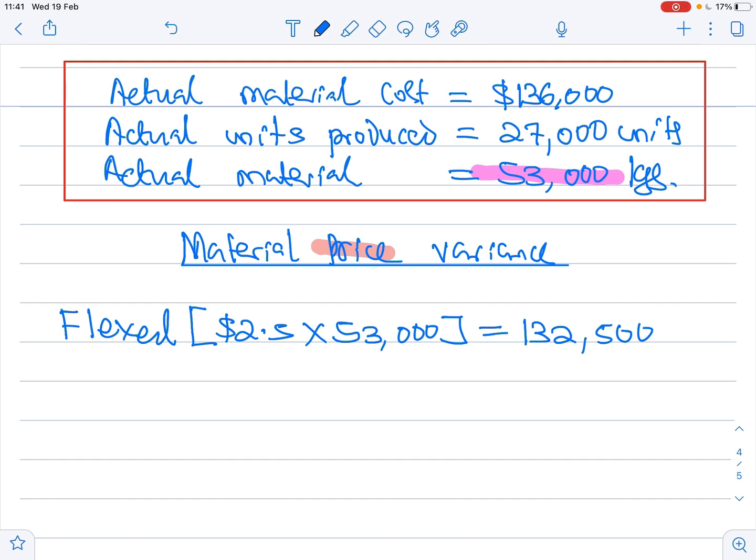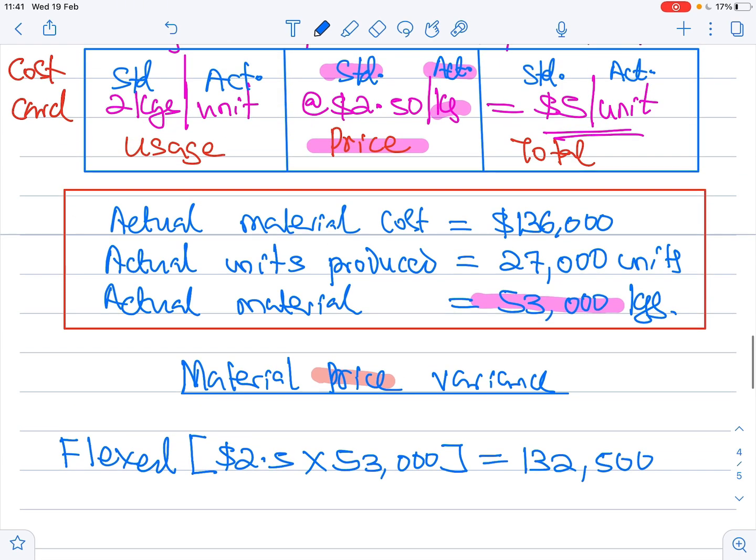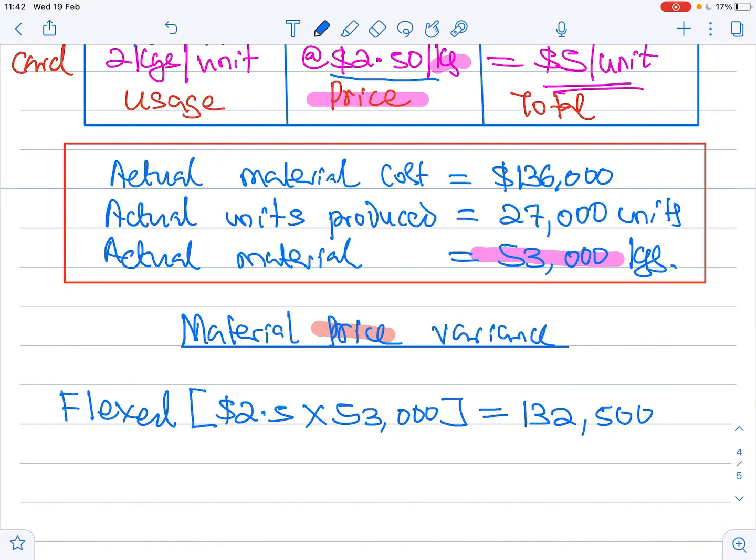So what's the implication of this? What this is telling us is that those 53,000 kgs that we purchased, if we were to buy them based on the standard set by the management, because the management says buy 1 kg at the price of $2.5, each should be at $2.5.